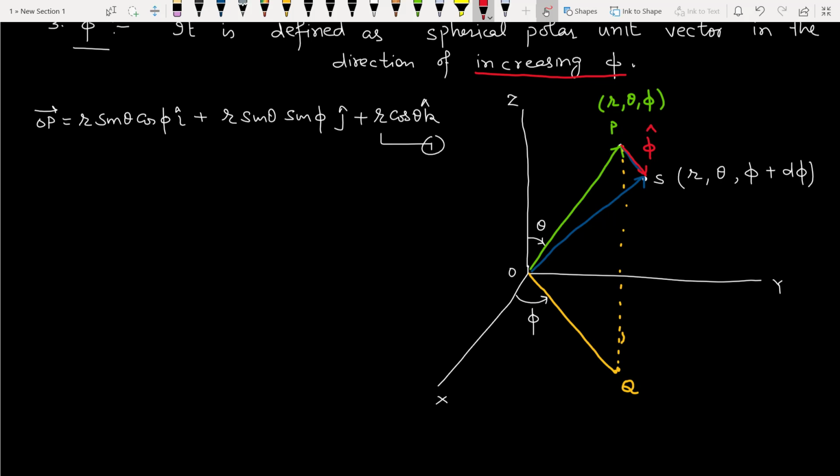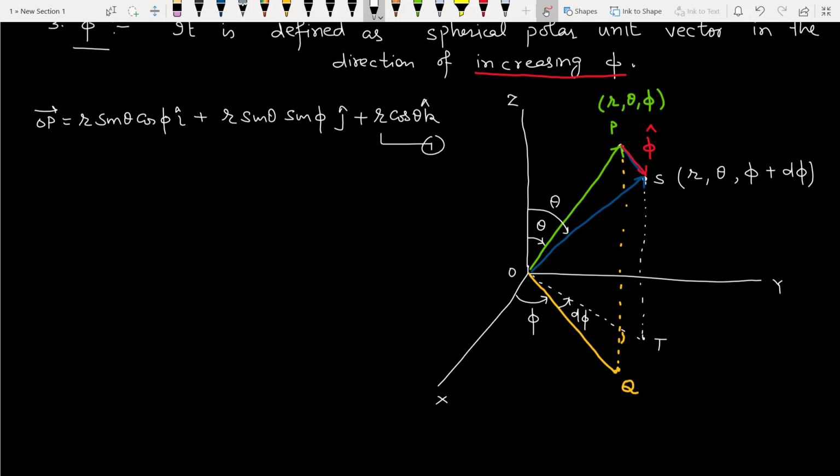And if we draw the foot of perpendicular from point S on the xy plane, say it will be this point T, and if we join T with the origin, this angle will be d phi. Note that this angle is also theta.